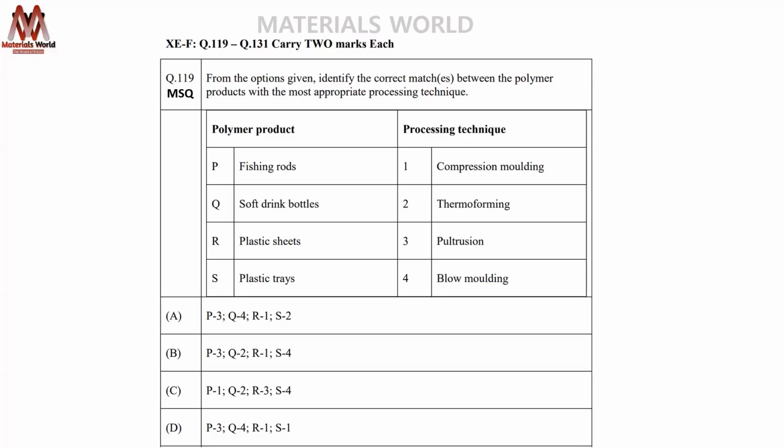Because your ranking is by XC, it's not ranking for only polymer, so definitely it's going to be normalized, and you don't need to worry about it. Definitely you'll get benefit in normalization.